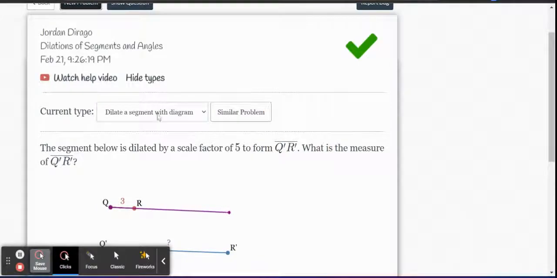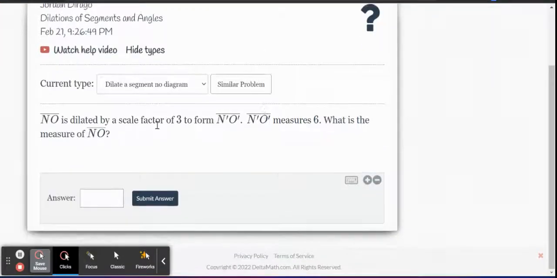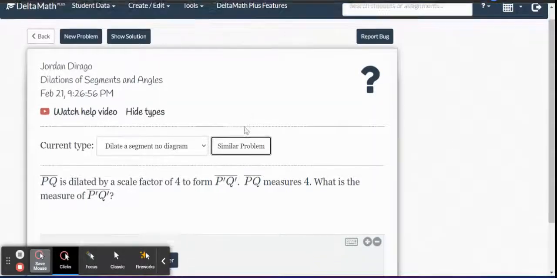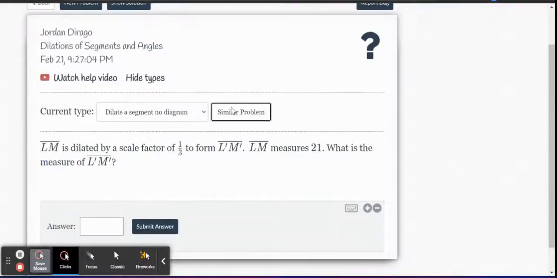Sometimes they might not give us a diagram. So let's look at one where they don't give us a diagram. Okay, this one.